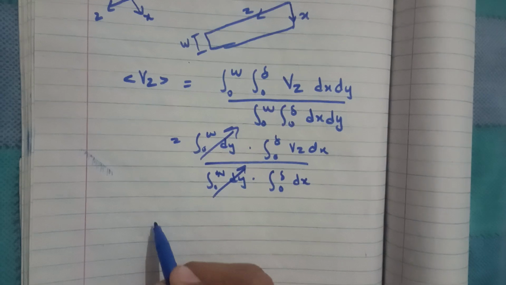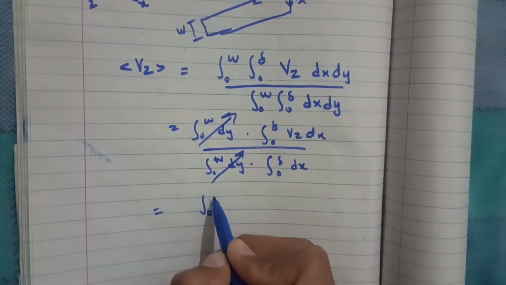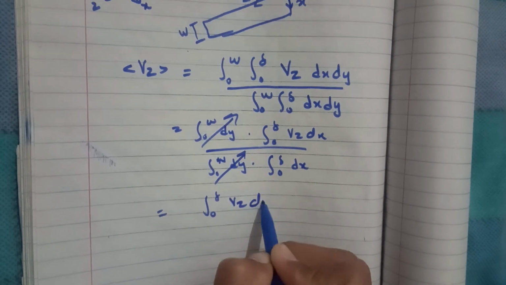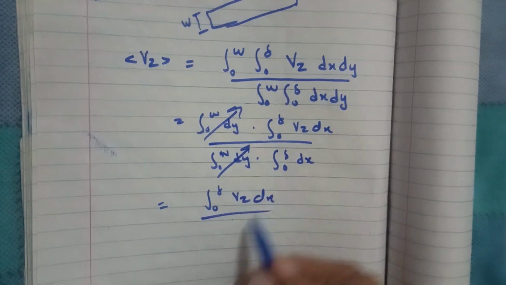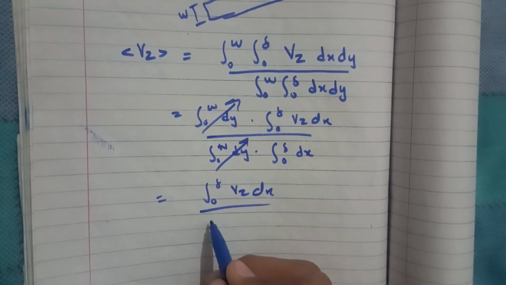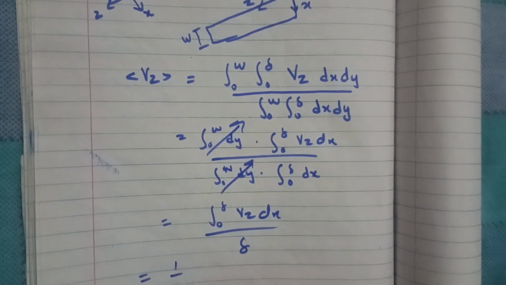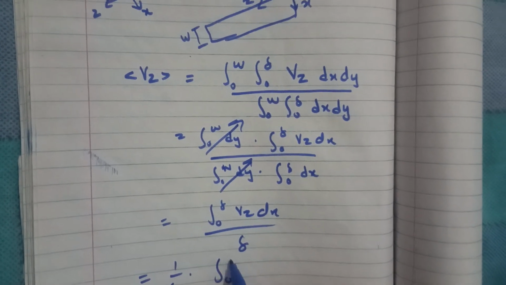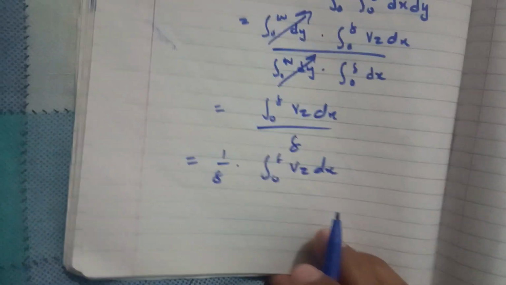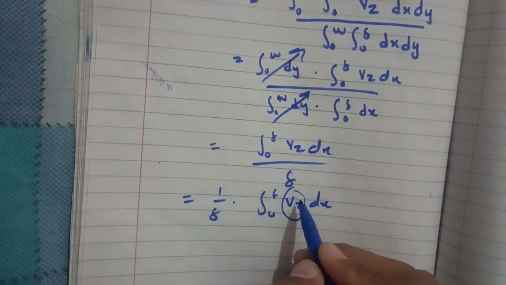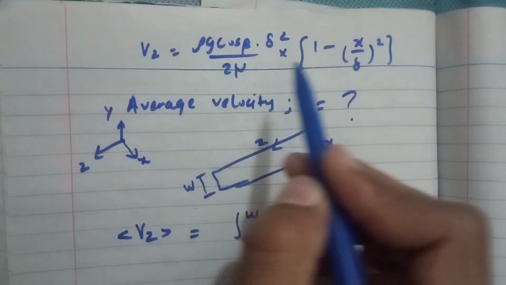Now we will simply solve the denominator. As you know, there is a constant, so when we put the limits, it would simply give us delta. We will take this delta out and place the rest of the equation like this. Now we know that this Vz was our velocity distribution profile, which is written over here.